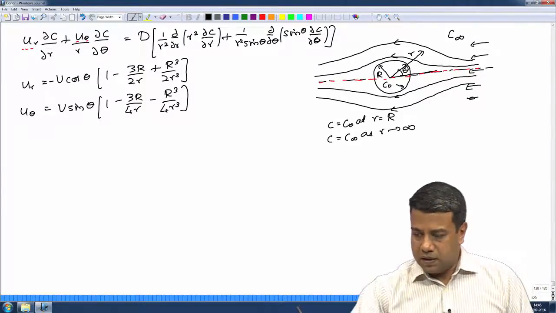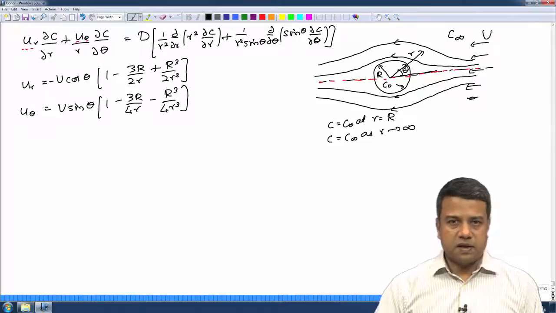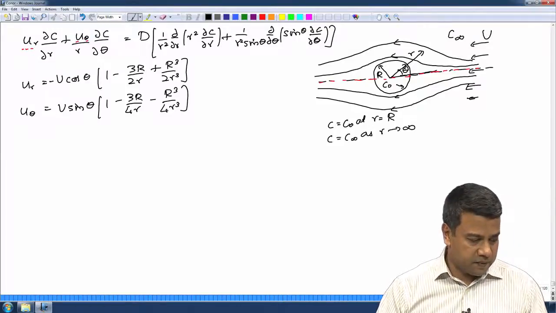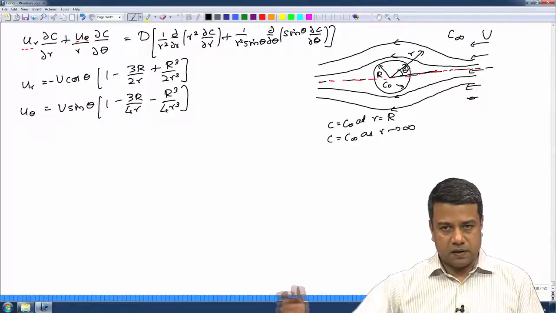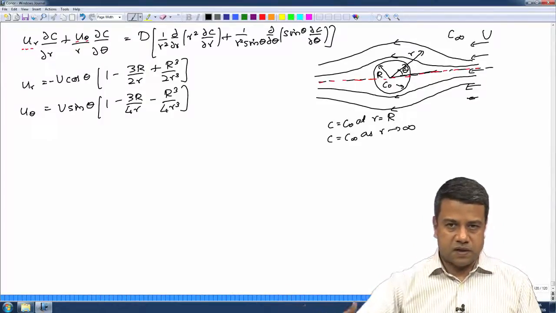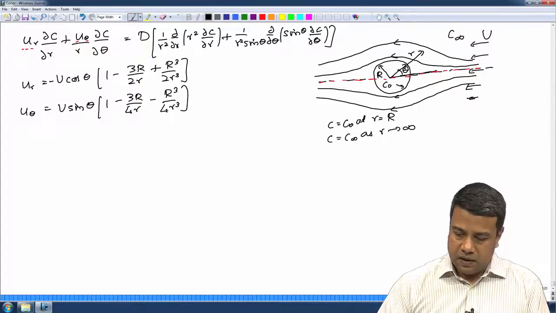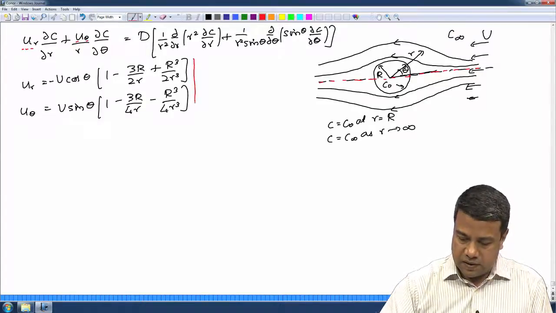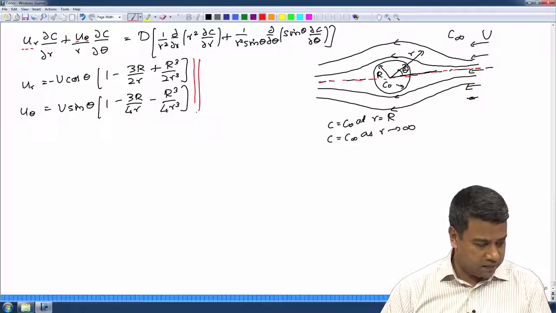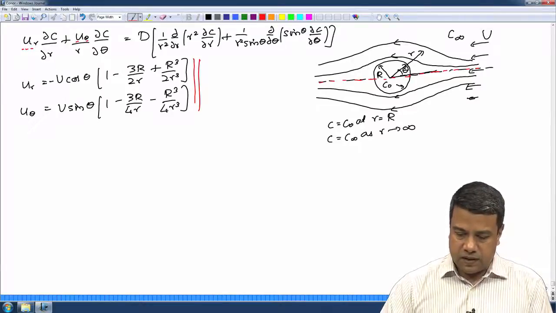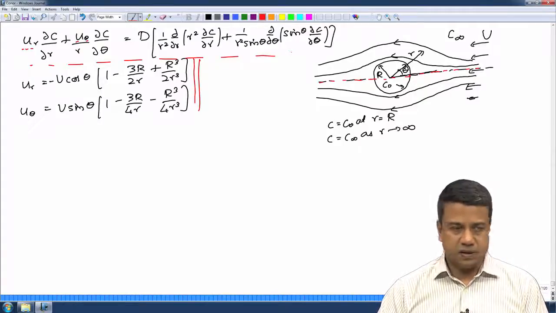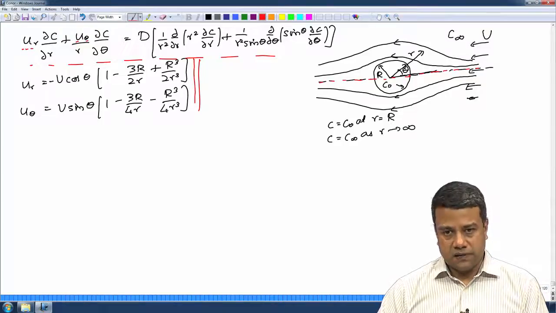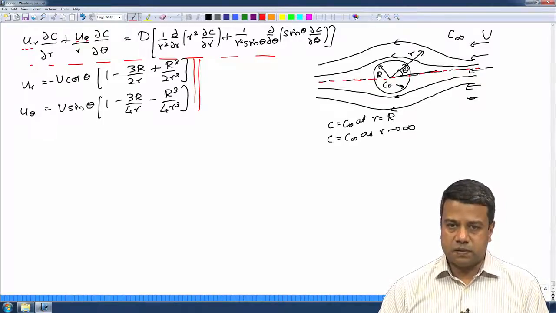That is assuming that U is the incident velocity on the particle far from its surface, far from the particle upstream. Of course, the velocity gets distorted as it goes around the particle, and that distorted velocity profile is what is shown over here. So, subject to these two velocities and this concentration equation, we have to find the concentration field, and therefore the flux, the average flux, and the Sherwood number.